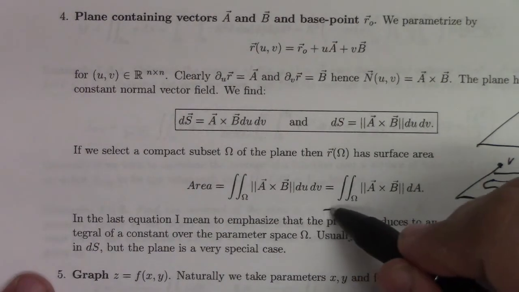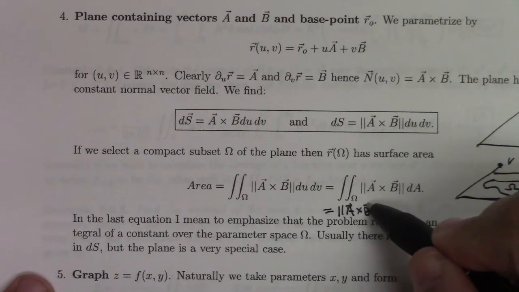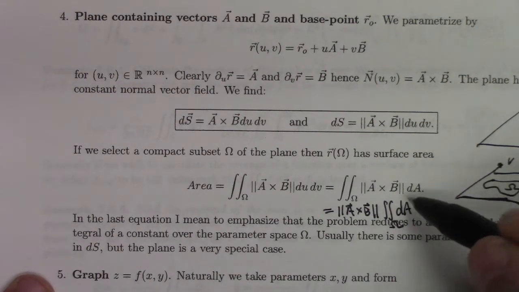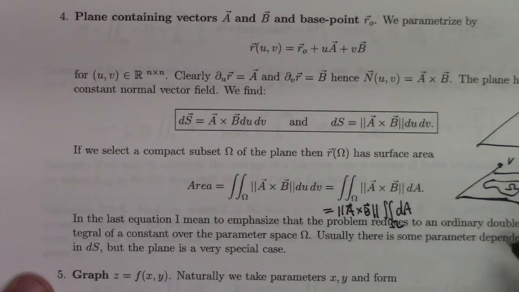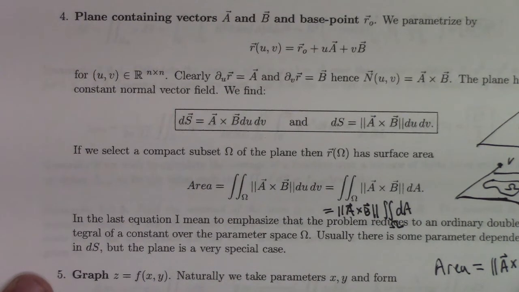The next step I could take would be to pull that constant out, and then I've got the double integral of dA over omega. So area equals the magnitude of A cross B times the area of your parameterization domain.